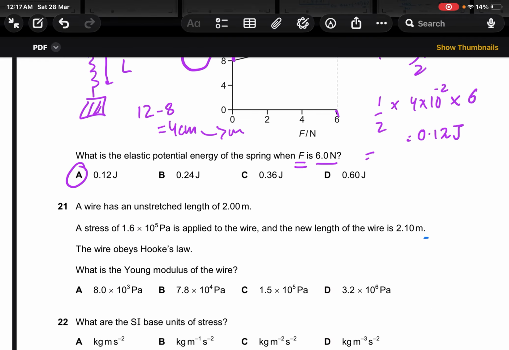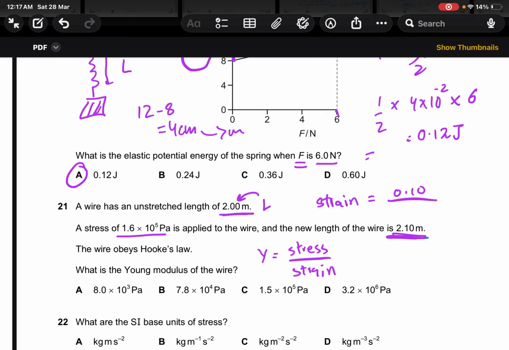A wire has an unstretched length of 2. L equals this. The stress is this. And the new length of the wire is this. The wire obeys Hooke's law. Find the Young modulus. Young modulus equals stress upon strain. We have the value of stress. For strain, we have to calculate the change in length, which is this minus this. The change in length is going to come out to be 0.10 upon the original length, which is 2.